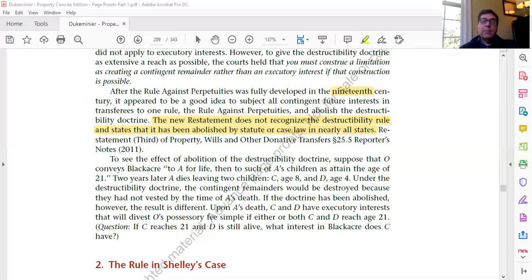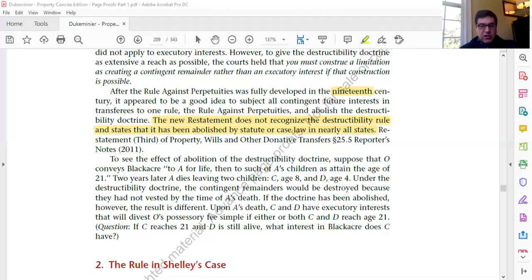So what happens? Well, then the land will revert to T, because that's the next vested estate. And so T's successors, T's heirs or devisees, presumably would take the land at A's death. But that doesn't mean the future interest in B's children who survive B is destroyed. Instead, since we no longer have the destructibility doctrine, it converts into an executory interest.